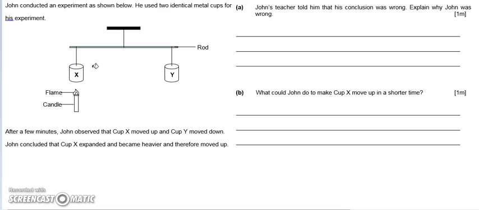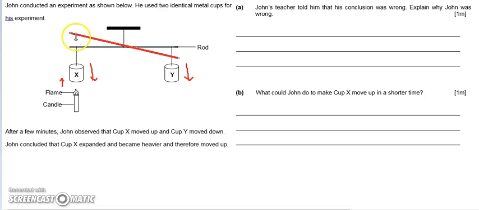So before the candle was lit, the force that is pulling X down is the same as the force that is pulling Y down. But after the candle was lit, even though the gravitational force that's pulling X and Y down is the same because they have the same mass, there is another force pushing upwards, causing the whole balance to be tilted like that.